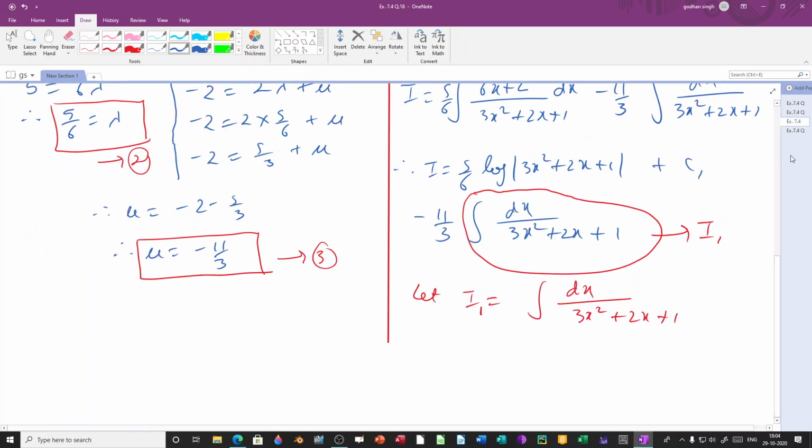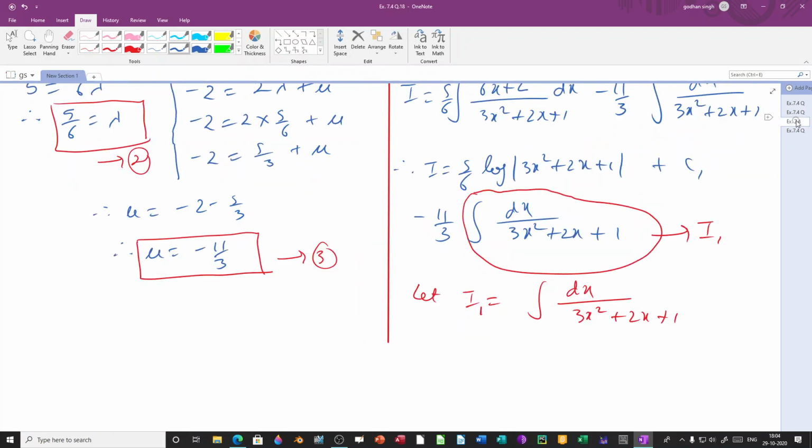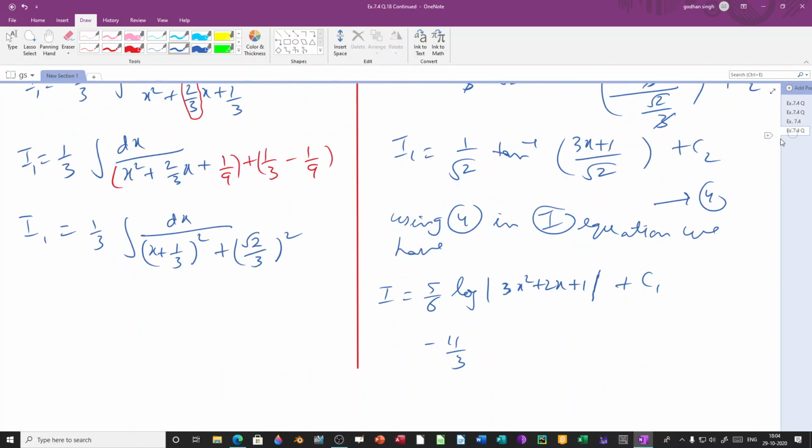Then we have minus 11 by 3 and remaining. So minus 11 by 3 integration of dx, and that is actually I1. So minus 11 by 3 into I1.